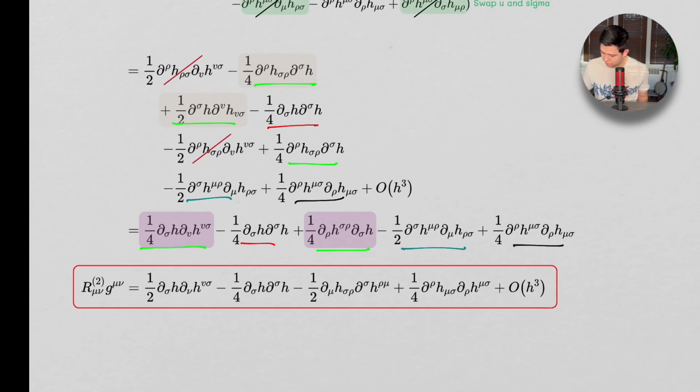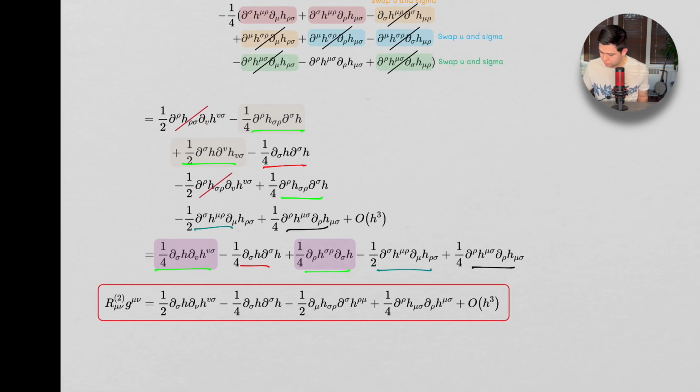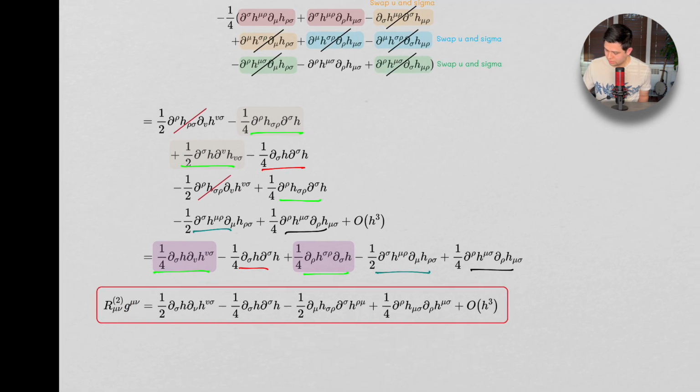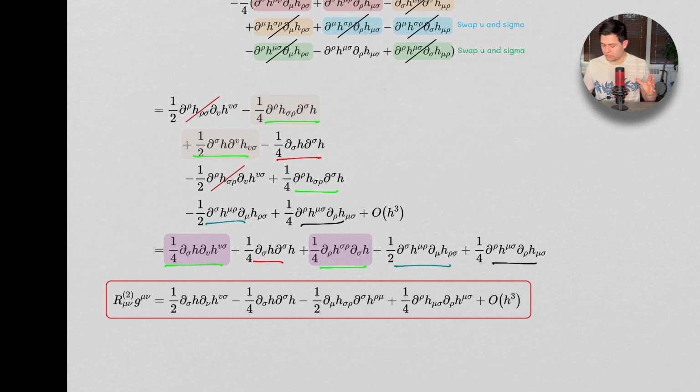Okay, so now we can follow. So this is the red term, the green terms are right here, and this green term is this one. They'll get added up to give us this 1/2, and then this green term here, and this black term right here. And so, that was a lot, but we get this right here. So this is R mu G mu nu, okay? And I don't want to overbear you guys with too much here.